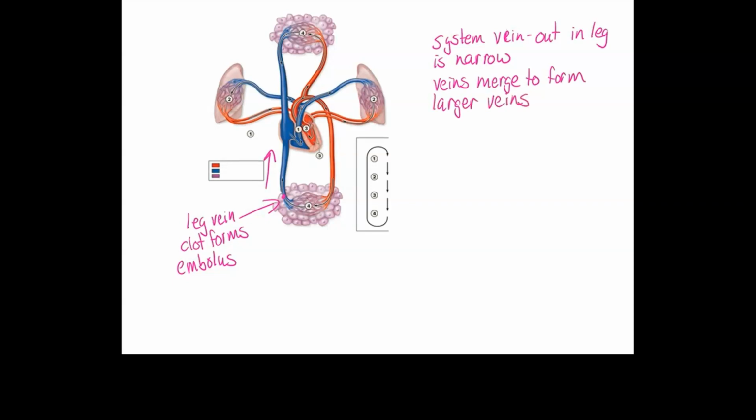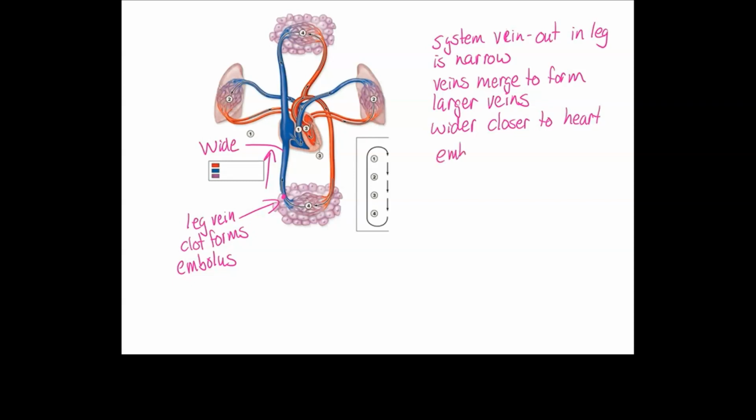So as you get closer to the heart, the diameter gets wider. So now you can see here, it's very wide as we get close to the heart. The embolus can't be any bigger than the vein it formed in.